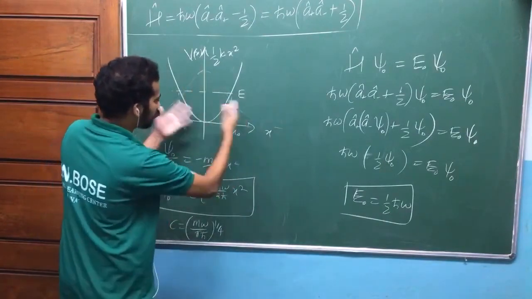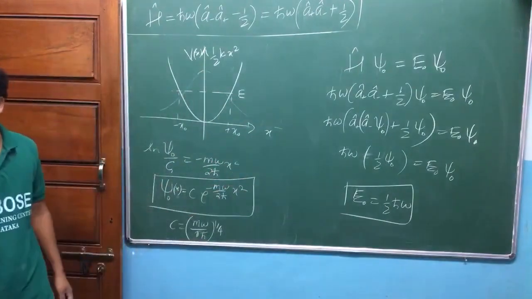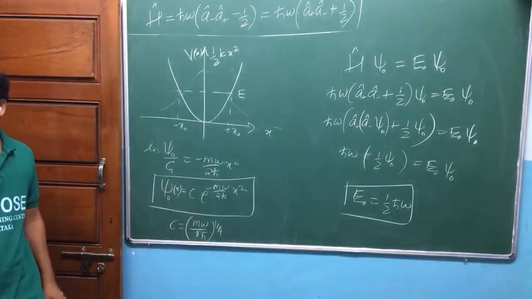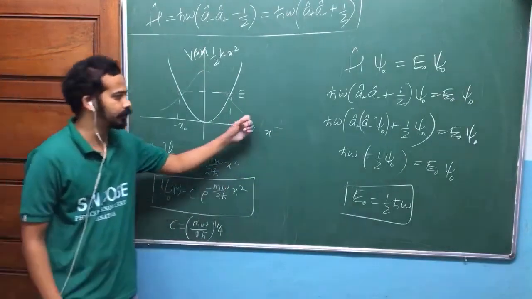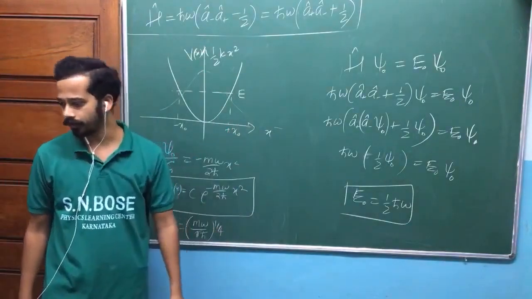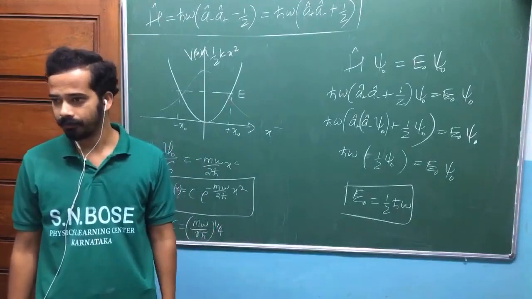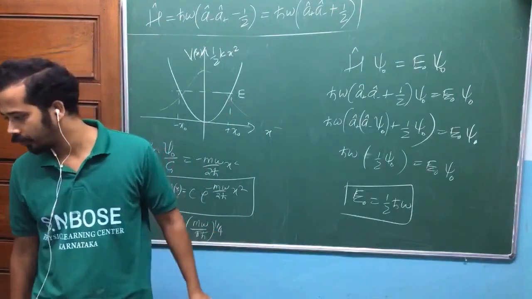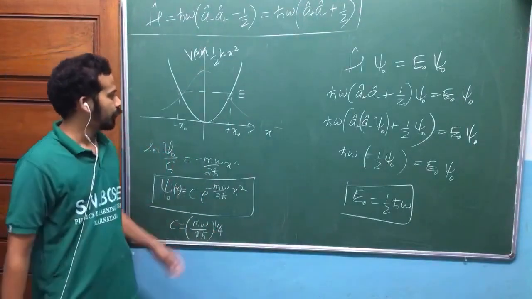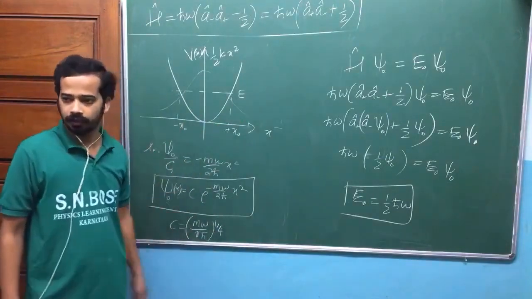That wave function exists outside the classically allowed region also. There is no restriction like that. The particle can exist outside the classically allowed region where classically our kinetic energy would be negative. There is no restriction on the wave function beyond the classically allowed region.